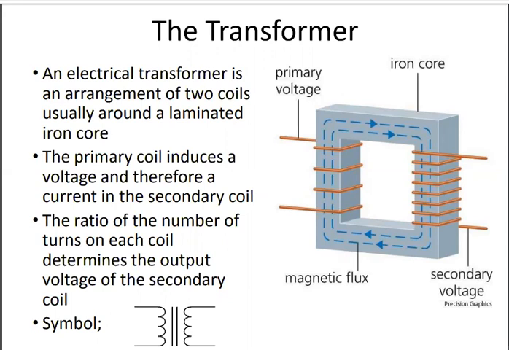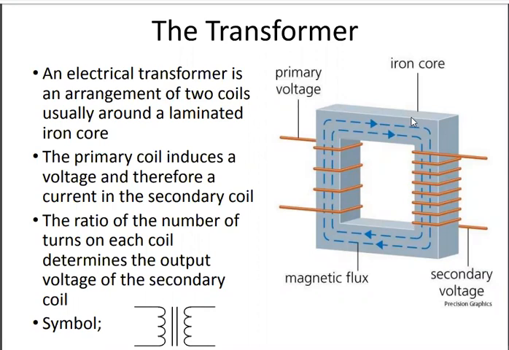So electrical transformer is basically an arrangement of two coils, usually around a laminated iron core. That means two coils which are coupled together without being in electrical contact with each other.